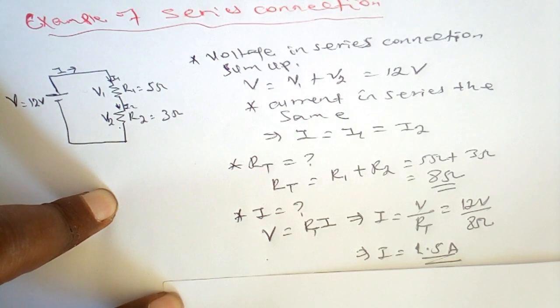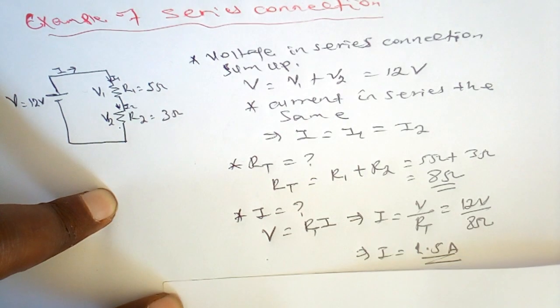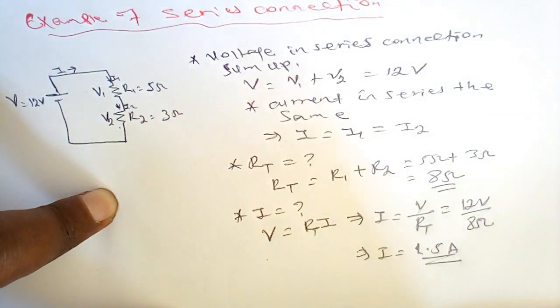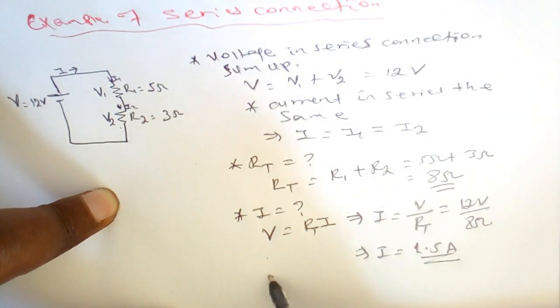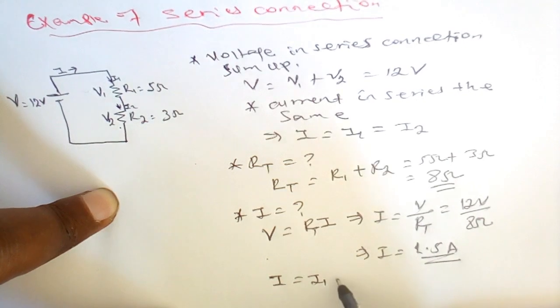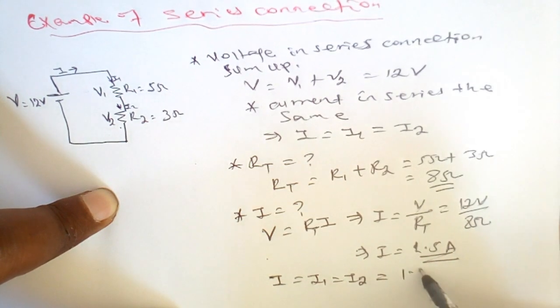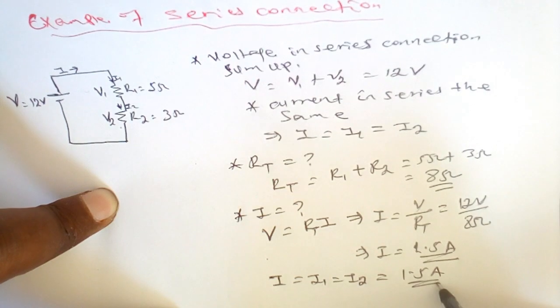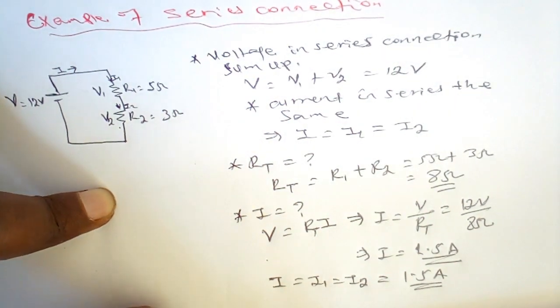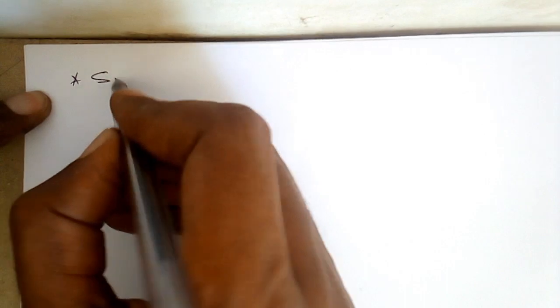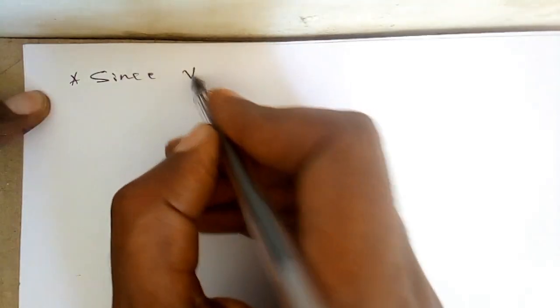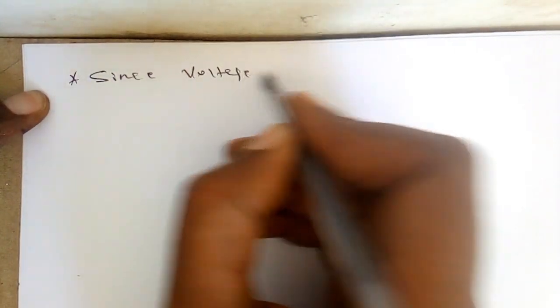So what is left? If the current is constant, I is equal to I1 is equal to I2, so the current is the same, 1.5 ampere.